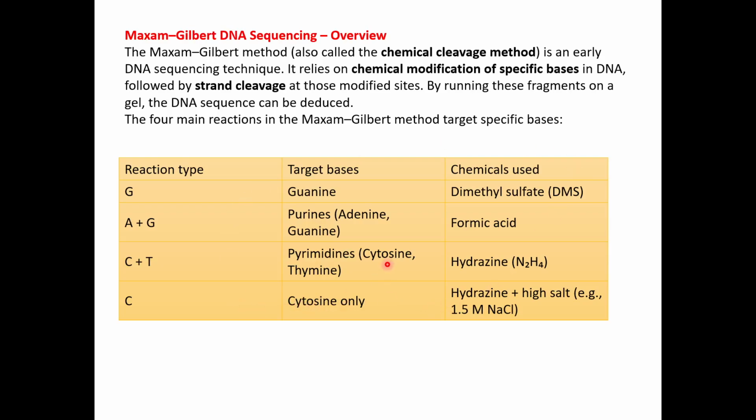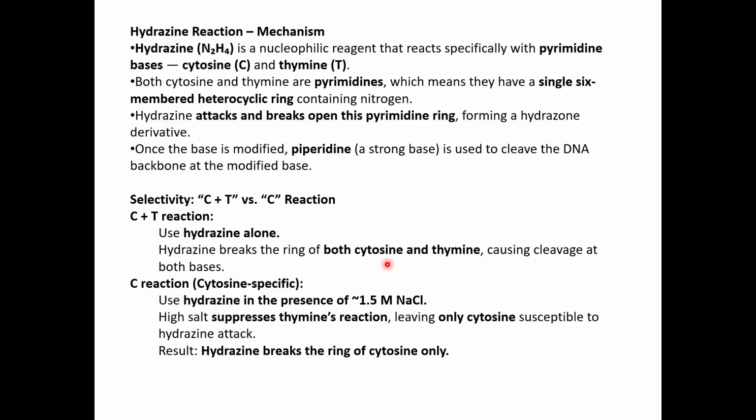This is a quick table, and now specifically discussing the hydrazine reaction. Hydrazine, N2H4, is a nucleophilic reagent that targets the pyrimidine bases, both cytosine and thymine. Pyrimidines have a single six-membered heterocyclic ring.